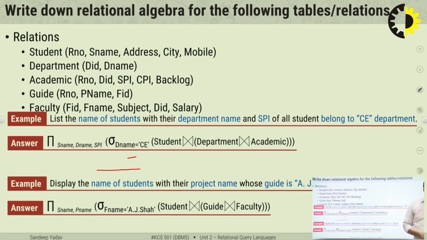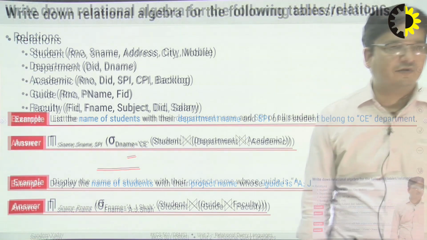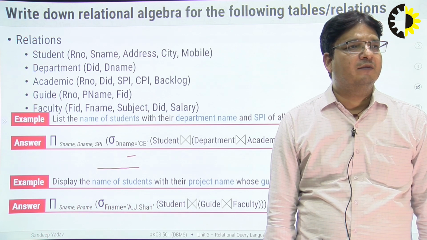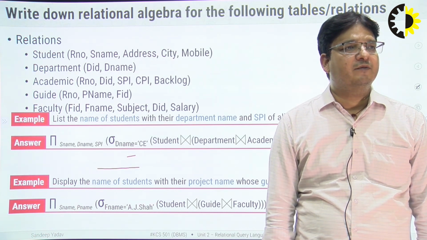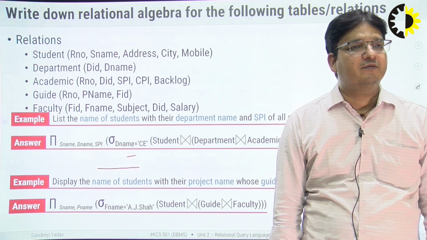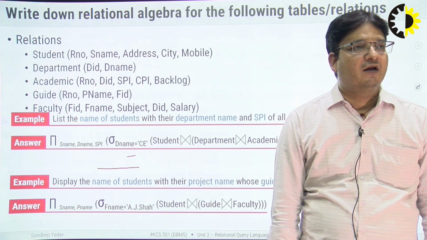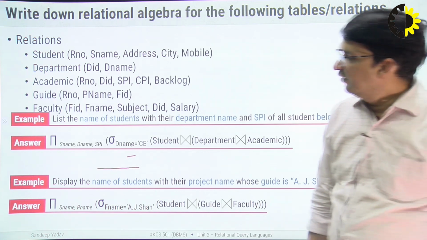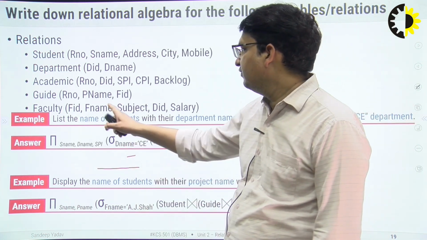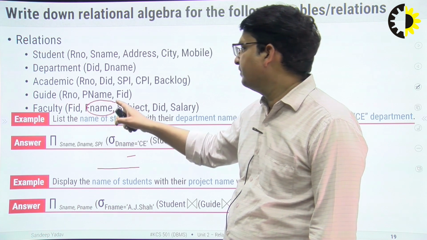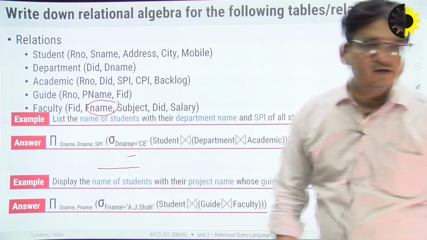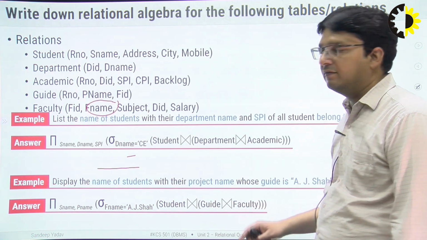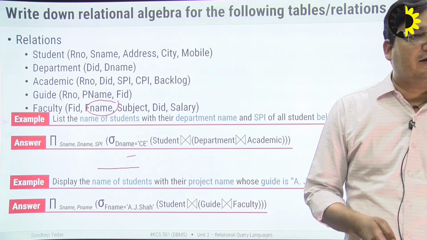First, what we want to display is the student name, that is pi student name, followed by the name of the guide. Guide name is present in guide table, student name is present in student table, and faculty is AJ Shah. So where is the faculty name? The faculty name is in this here. So we need three tables: student table, guide table and faculty table to get the desired output.